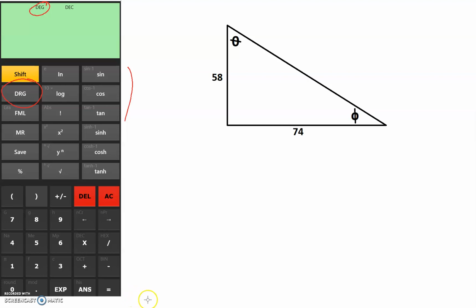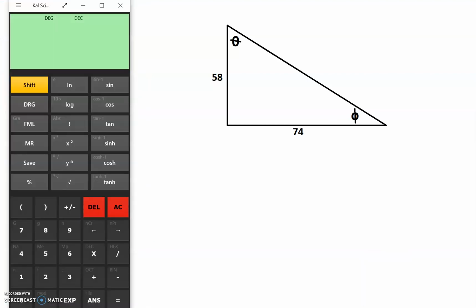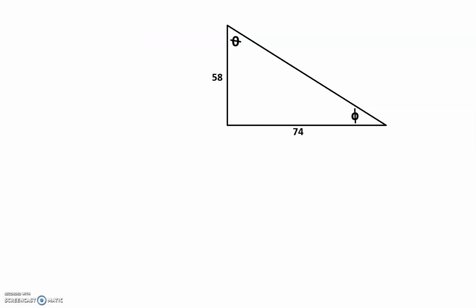Okay, so I'm going to get rid of this because this is just a picture of a calculator. But here's an actual calculator I can punch things in. And I'm going to find the tan of my theta. So if I want to punch out my tan theta, that'd be opposite divided by adjacent. My opposite to theta is the 74, and then I got the 58.